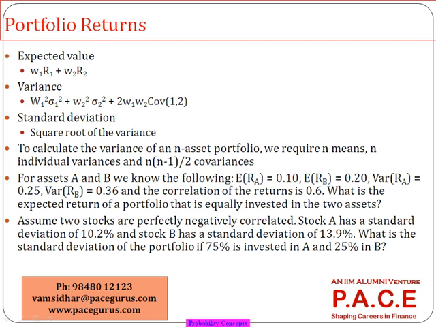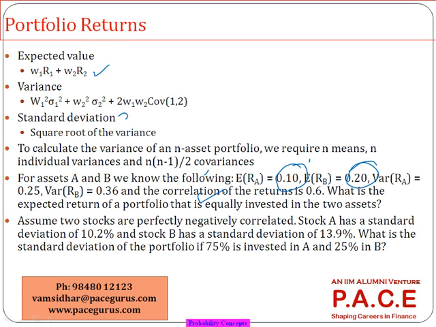So the simple way for us to work out is, in case of returns, it's nothing but a simple weighted average. If one of them is having a 10% return, the other one is having a 15% return. So probably look at this calculation again. For assets A and B, A is giving me 10%, B is giving me 20%.